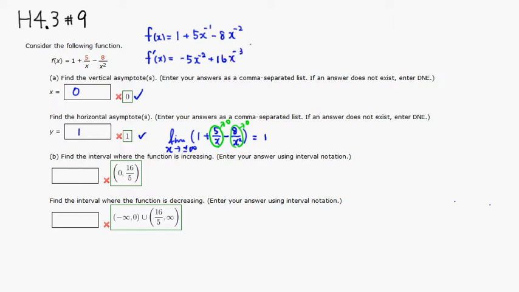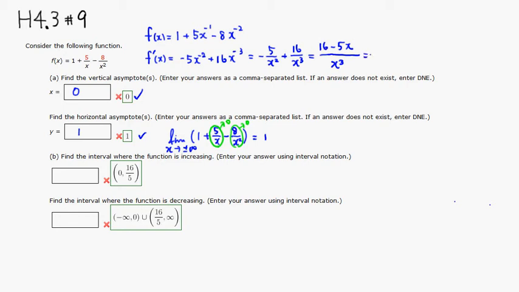We can rewrite it as negative 5 over x squared plus 16 over x cubed. We can combine this by taking a common denominator, which is x cubed. Then you have negative 5x and 16, so I'll change the order there.